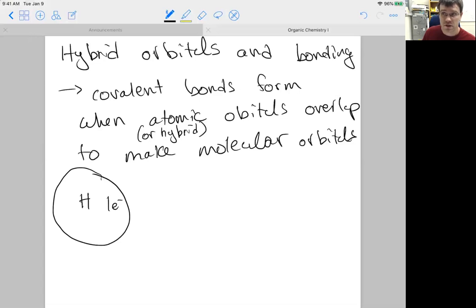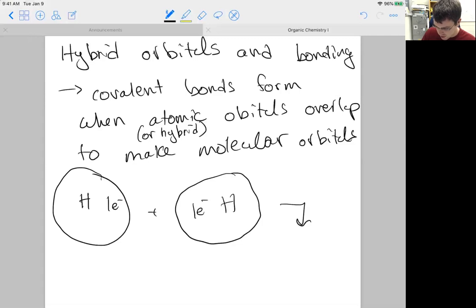That hydrogen's sphere represents not the nucleus, but the 1s orbital. If we mix that with another hydrogen in a sphere with 1 lonely electron, we allow those things to merge. And then we conveniently, though it's not true, draw the electrons as sitting now in the Venn diagram shared space of the 2 orbitals.